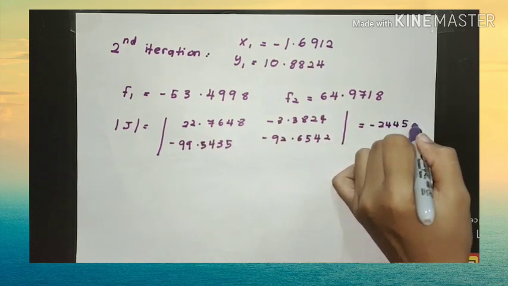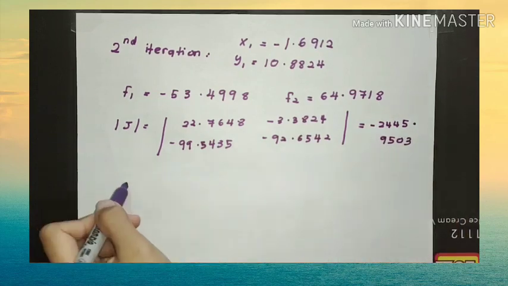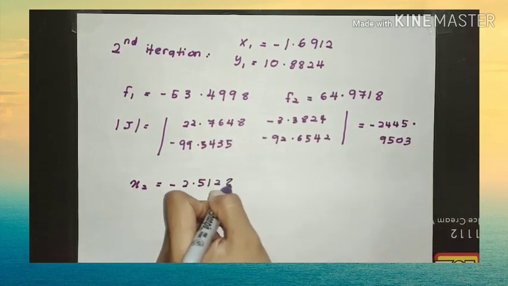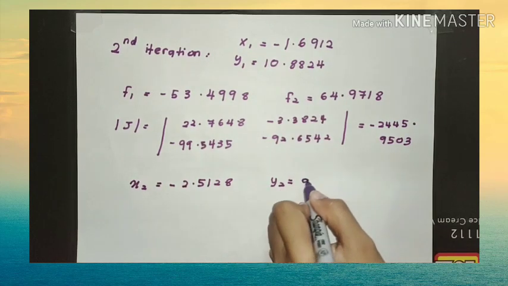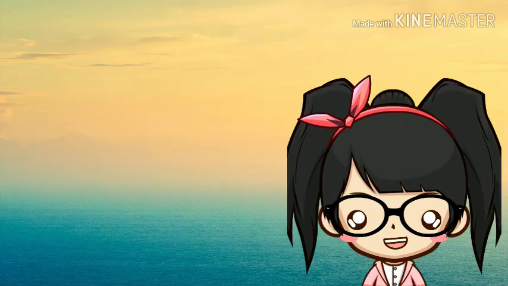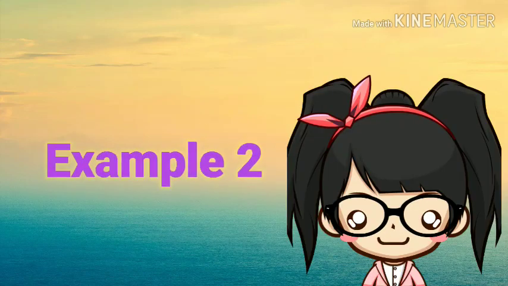Then substitute all the values into our Newton-Raphson method. So we will have x2 is equal to minus 2.5128 and y2 is equal to 9.3098. I hope everybody can understand my explanation in example 1.